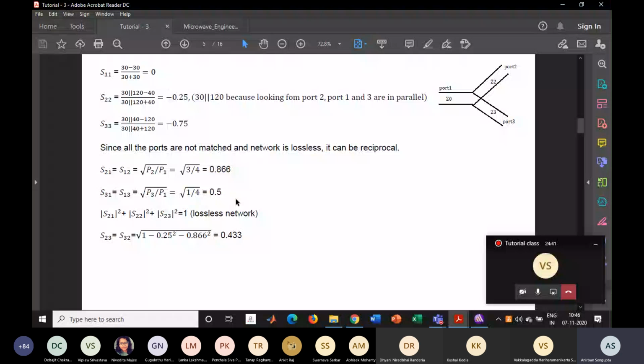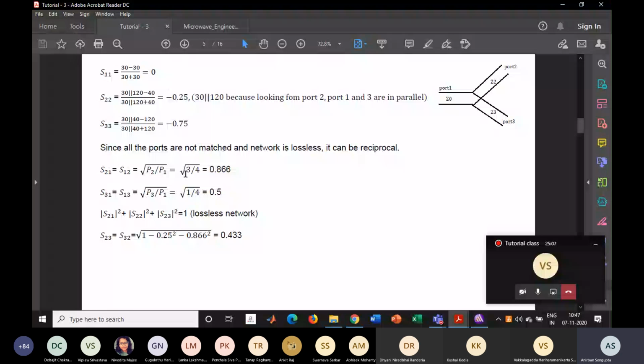So from S21 or S12, we can find the ratio P2 by P1, and as these are voltage reflection coefficients, we have to take the square root of P2 by P1. That will come out as root of 3 by 4, which is 0.866.